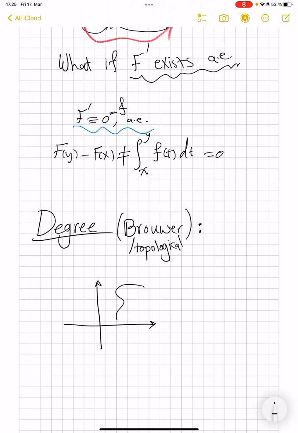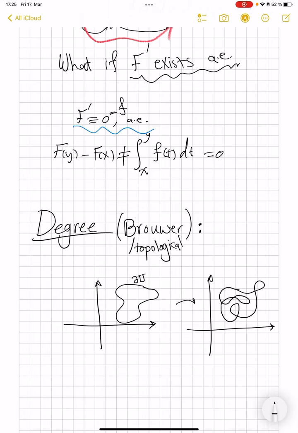So you have some domain, a connected open set, and its boundary. In the nicest case, the idea is that this boundary gets mapped to something. And then, if there is a continuous function from the boundary into this other space, so both of them have the same dimension, you go from R^n to R^n.